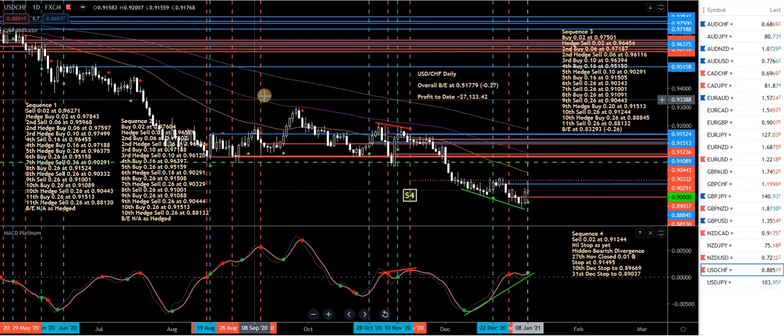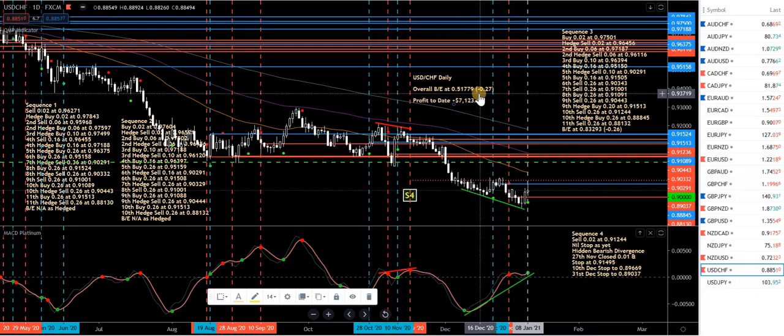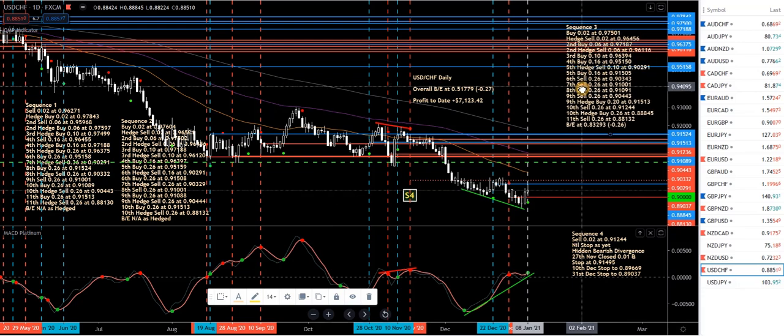So you can pause the video, read all the notes, read all the trades. There are a lot of trades happening. But at the end of the day, I'm only overall minus. You can see my overall break even where it is. Don't worry about what the number is because it'll never get there. That's not the plan. But I'm only negative 0.27 lots. So it looks like a lot of trades. It is a lot of trades.